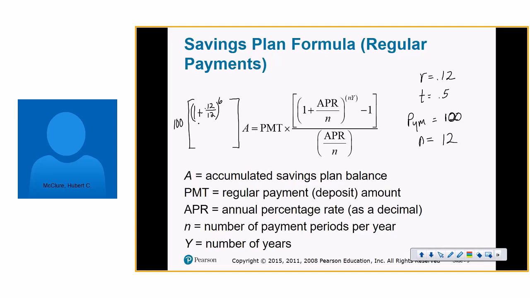So the 6th power, minus 1, over, and again, APR is R. I don't know why. Stupid book. NT power. Okay, so R over N is going to be 0.12 divided by 12. And that should be it.